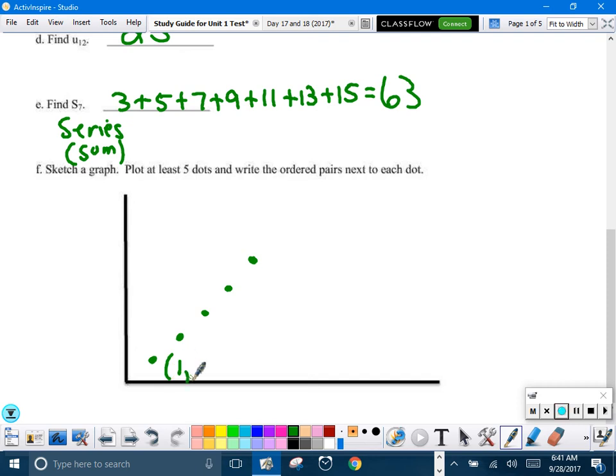The first dot would be 1, 3. Again, all we're doing is sketching it. It's not going to be totally accurate. The important thing is you understand the pattern forms a straight line going up. Okay, 2, 5, 3, 7, 4, 9, and 5, 11. Okay, let's keep going. Next page.